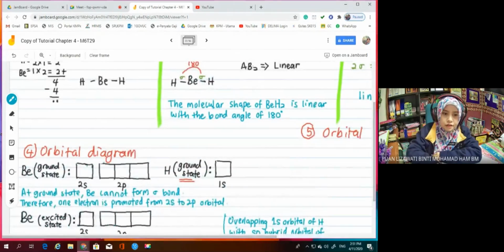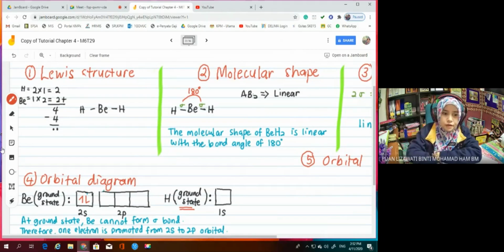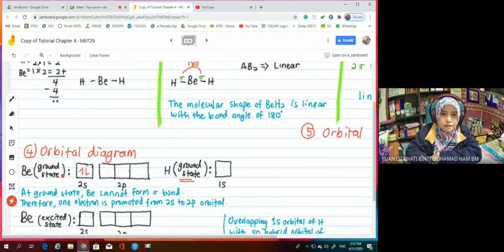We start with the orbital diagram for the center atom, that is the ground state. As we already know, the valence electrons of beryllium are 2 and both are located in the 2s orbital. However, when we refer back to the structure, beryllium hydride will form 2 sigma bonds. At the ground state, beryllium cannot form any sigma bond since the electrons are paired and located in 2s.